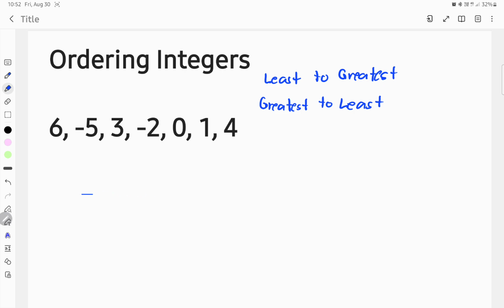So let me put again a number line so that we could see the ordering when we order your integers. Fortunately enough, we have integers given like 6, negative 5, 3, negative 2, 0, 1, 4.